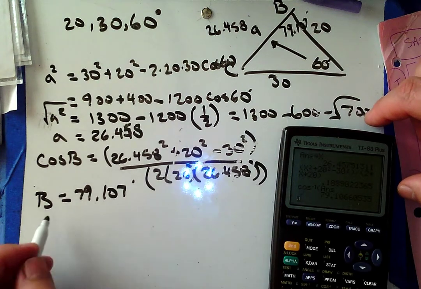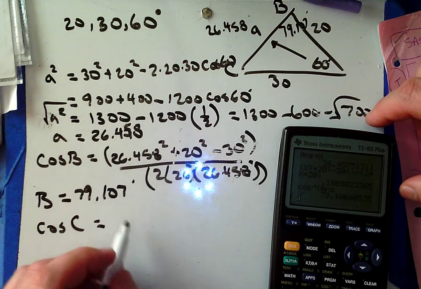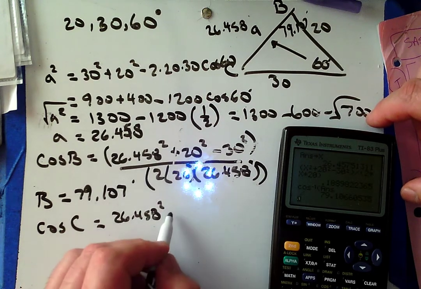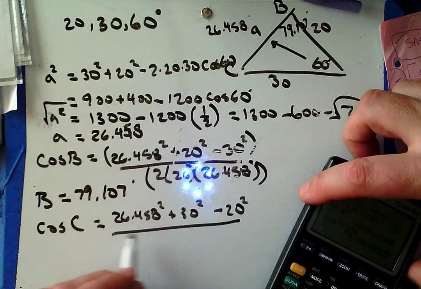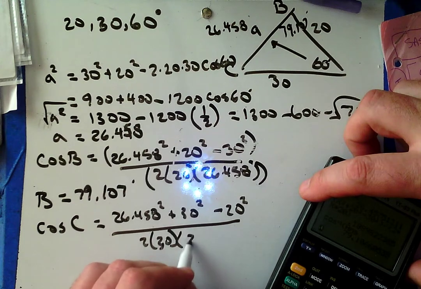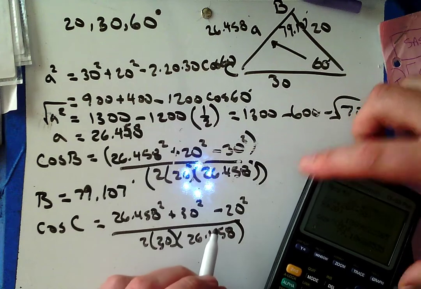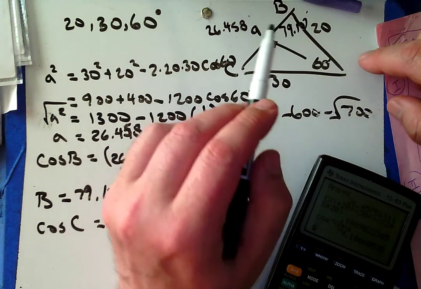Well, I could use law of cosines again. Cosine C equals 26.458 squared plus 30 squared minus 20 squared over 2 times 30 times 26.458. However, I know that the angles of a triangle in Euclidean space add up to 180.